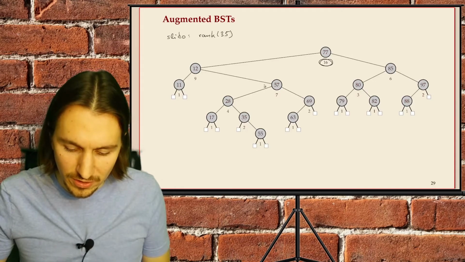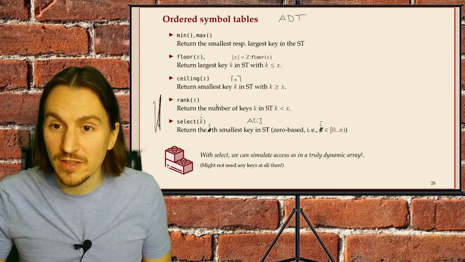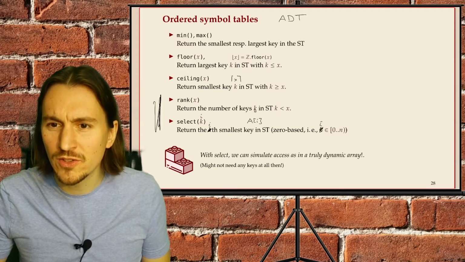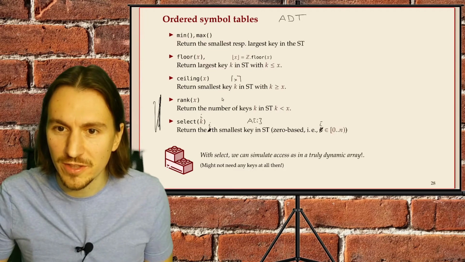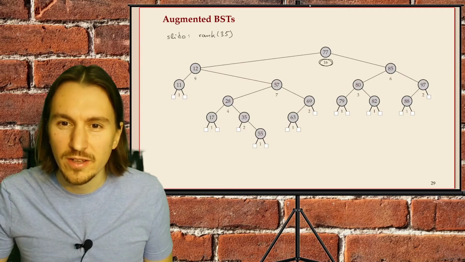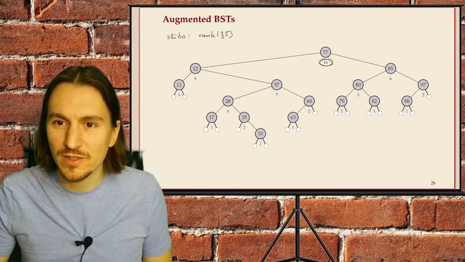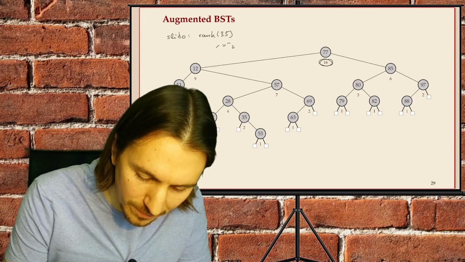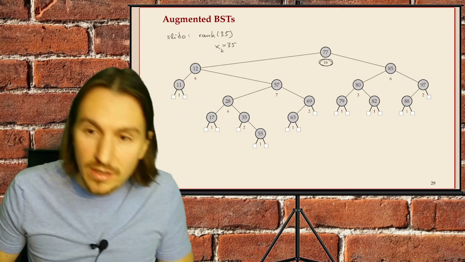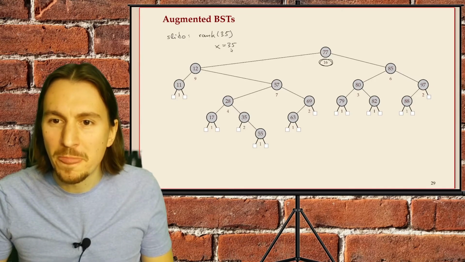So just remember, rank is the number of keys in the symbol table that are strictly less than the argument that you pass. So in our example here, rank is passed this value 35. So x is 35, right? And now we have to count how many keys in the symbol table are smaller.